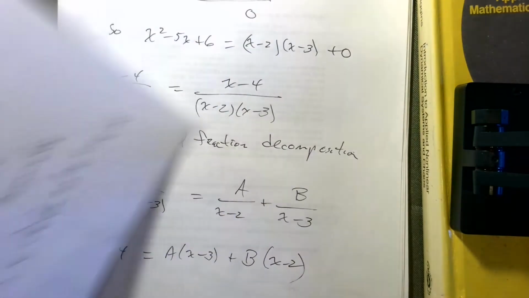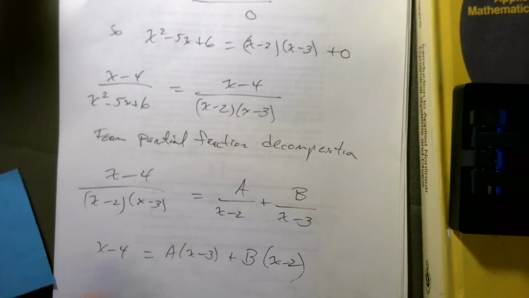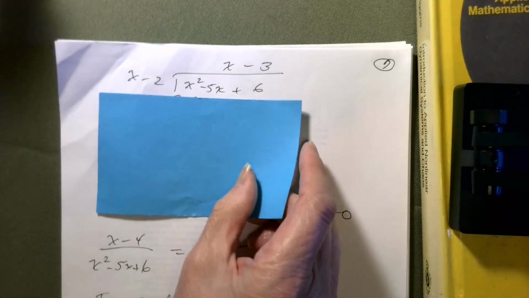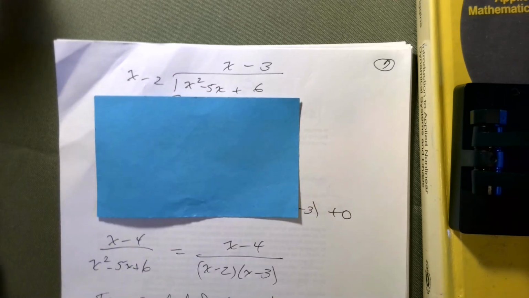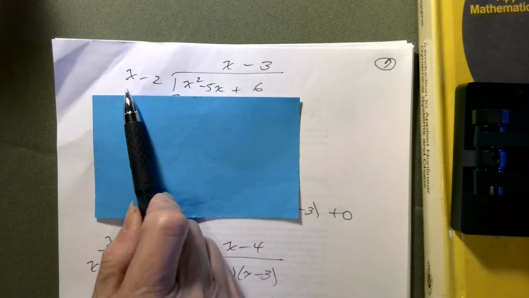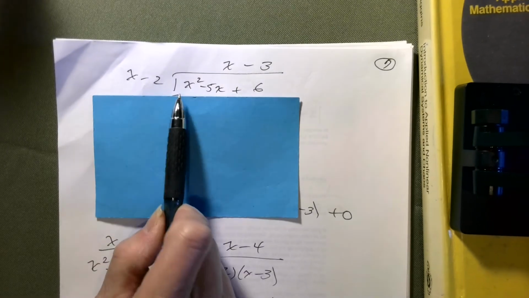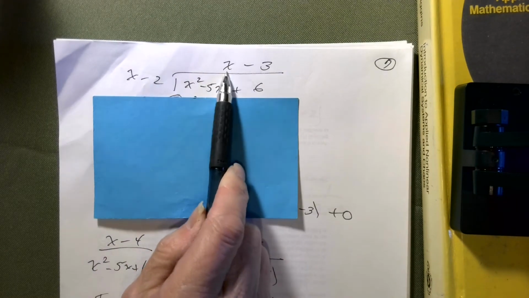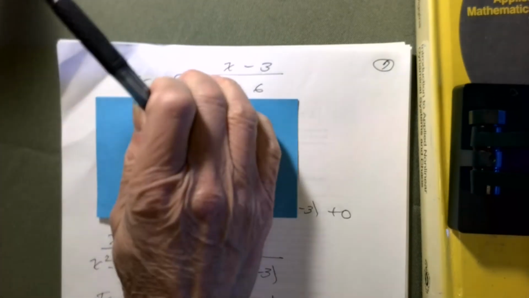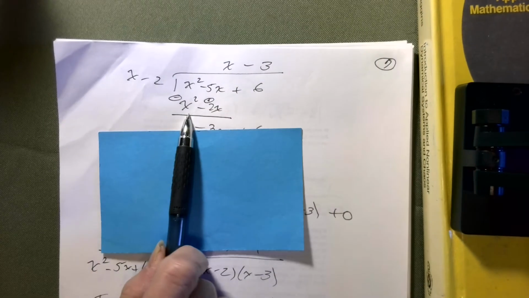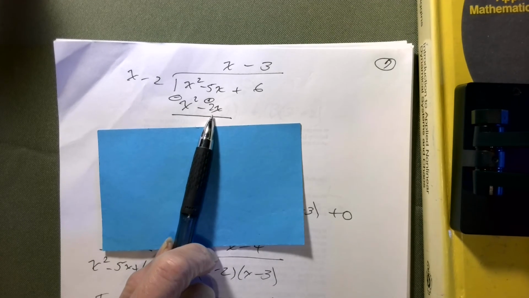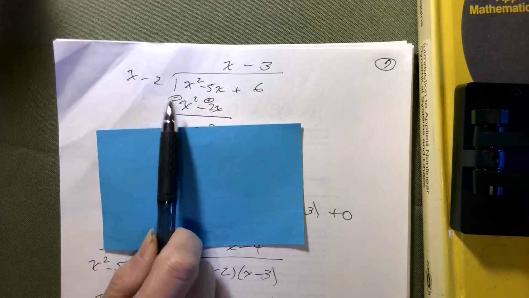So let's verify that. Let me take x minus 2 and divide it into this. I ask myself the question, what do I have to do to x to get an x squared? Well, we're going to multiply it by x, put it in the x column. So x times x gives me x squared, and then x times minus 2 is a minus 2x. Now negate. What was positive now becomes negative.